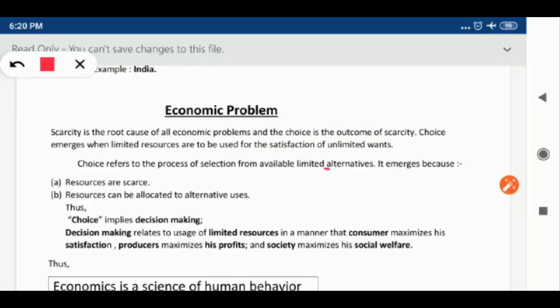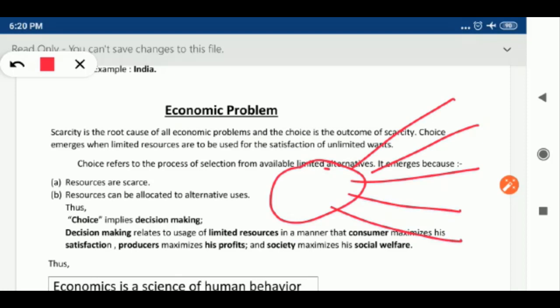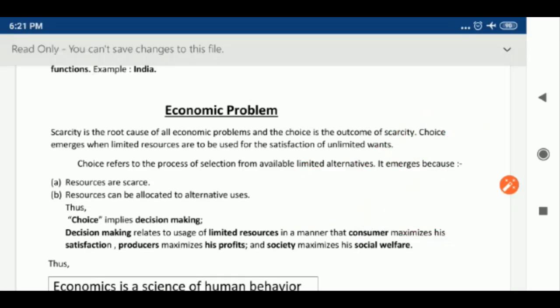It means if you have one resource, that resource can be used in different uses. So scarcity of resources is a fundamental economic problem which is faced by developing and developed economies both.